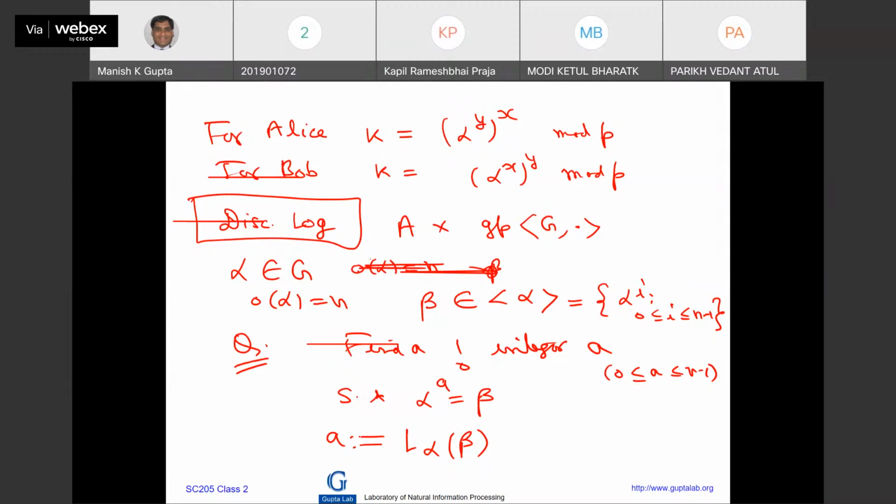Now you will see that in practice, I will talk about a special kind of curve, and look at the points on that curve. They form a group with respect to addition of two points on the curve. That curve is known as an elliptic curve. It's a very beautiful curve, I'll talk about it.